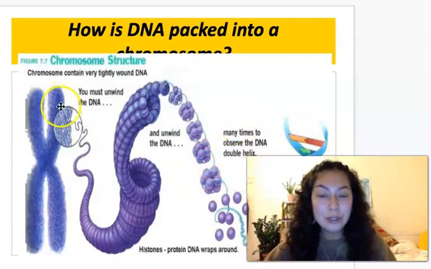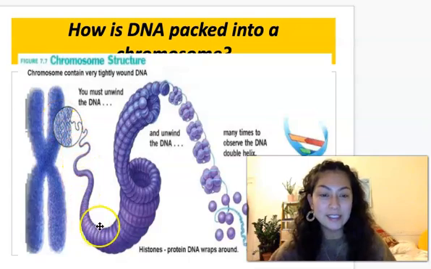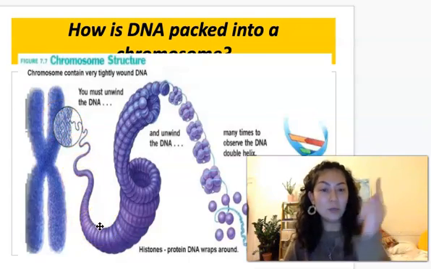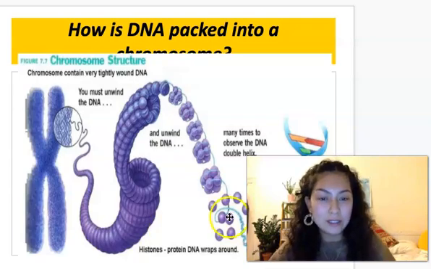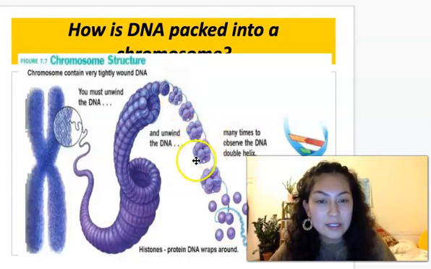If you look closely at one single condensed chromosome, what it actually is, is the double helix wound and wound and wound all around these little proteins called histones. So it coils up and coils up and coils up. Each one of these little sections here is called a nucleosome.